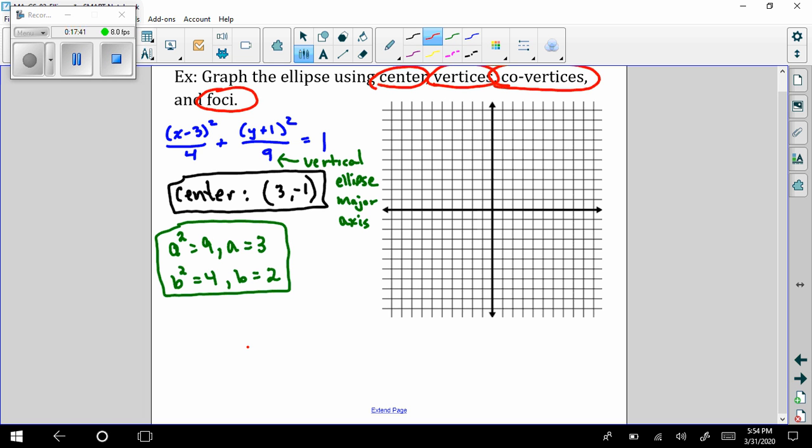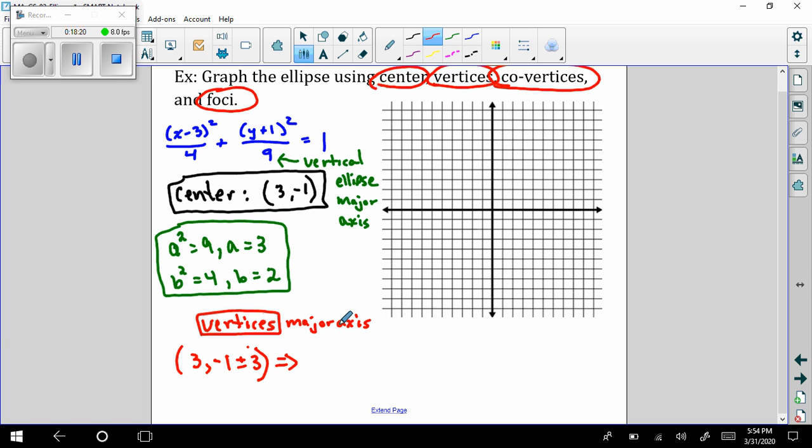Okay, so let's calculate our vertices. The vertices are on the major axis, which, remember, was our y-axis, so that's going to affect the k value of the center. So my vertices are going to be at 3, my k value is -1, plus or minus that a value, which is 3.